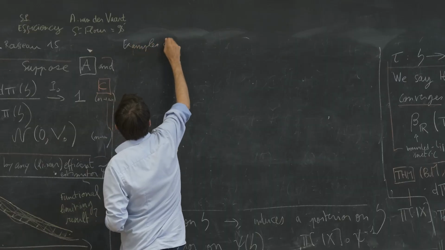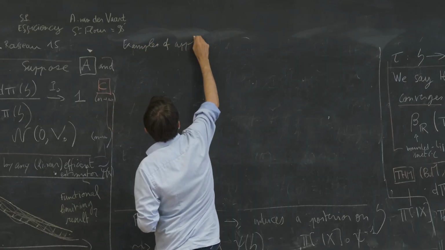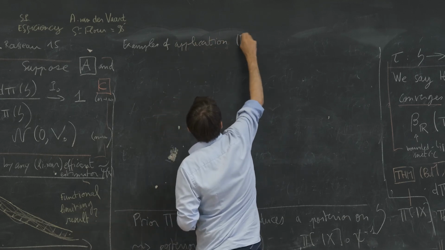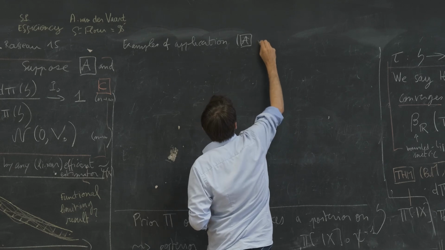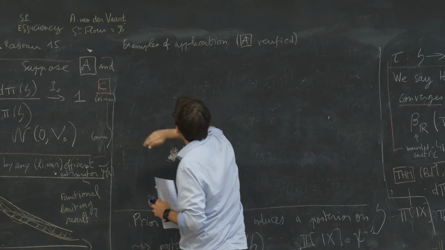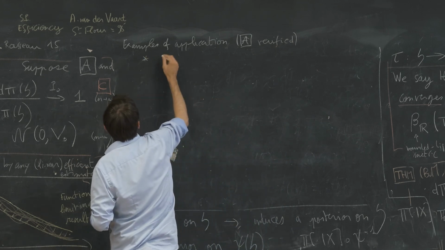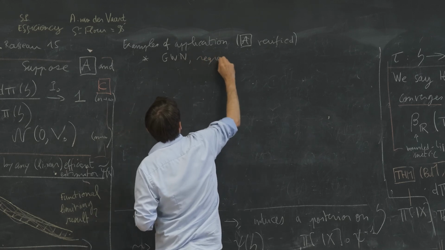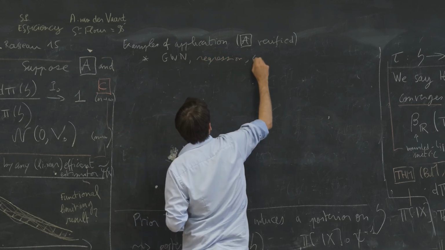Essentially, it is where A, in some form, you may have to change it slightly, is verified, and you can apply this type of framework. So all the models we have seen so far: the Gaussian white noise, regression, density, etc.